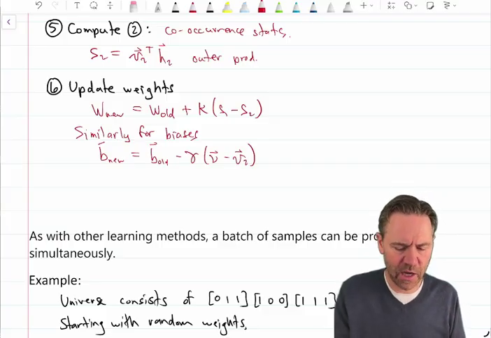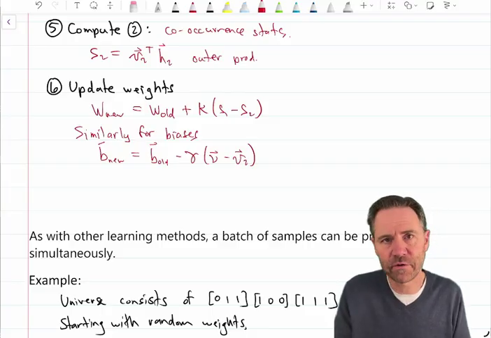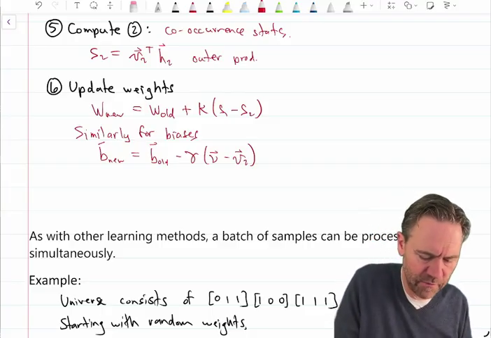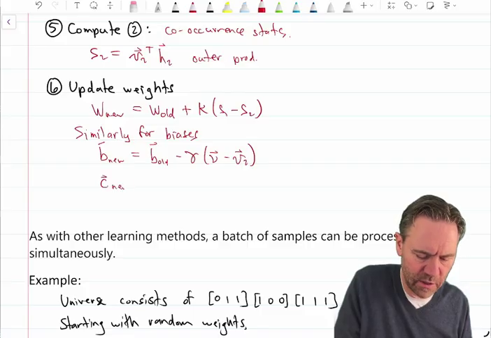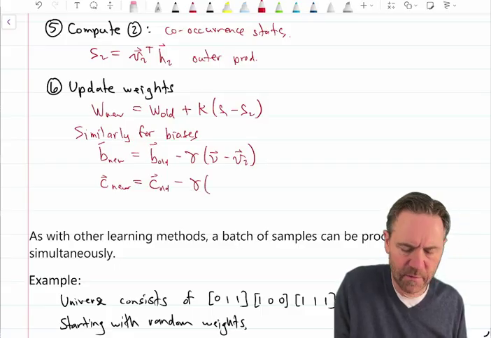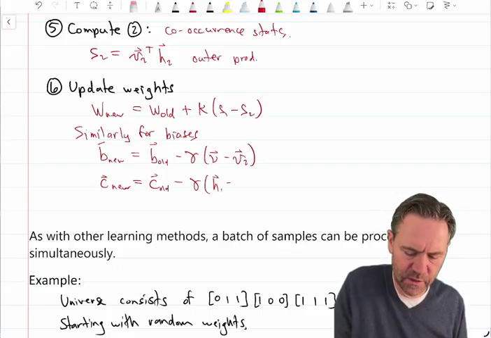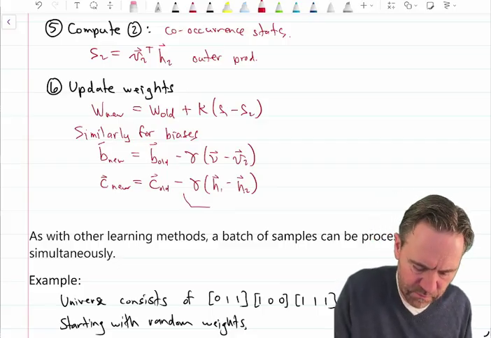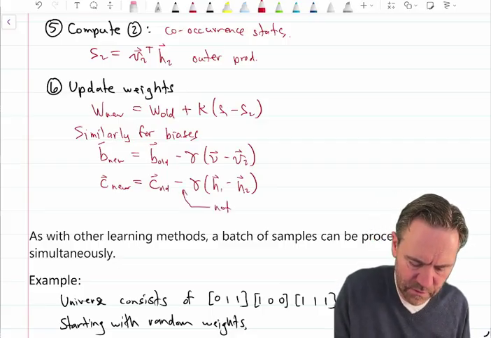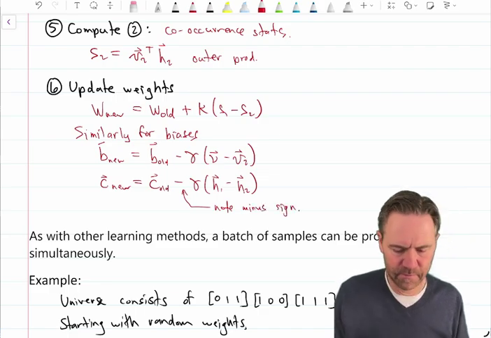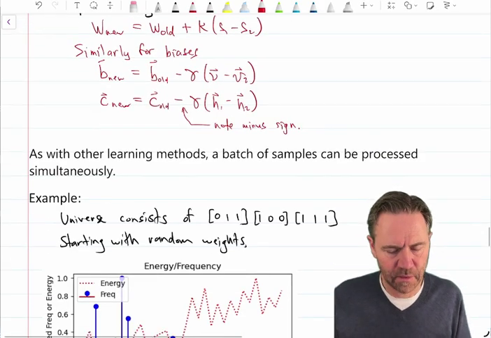You just look at basically how often the visibles are on versus off, and that gives you the bias. For the visibles and for the hiddens, same idea, except you look at how often the hidden nodes are on. H1 minus H2. So I just say note the minus sign. Okay.